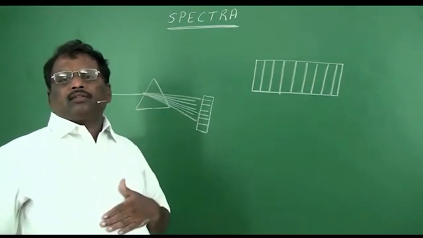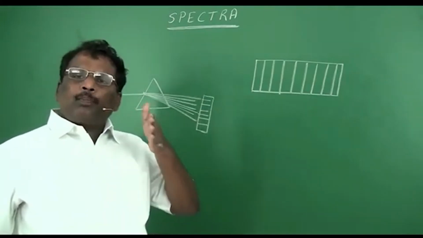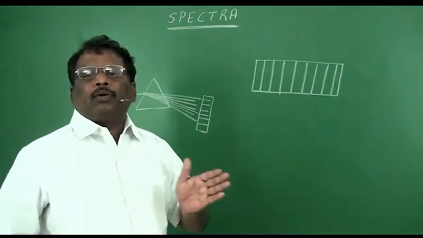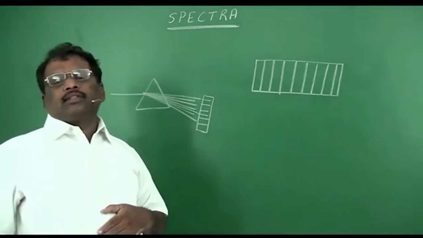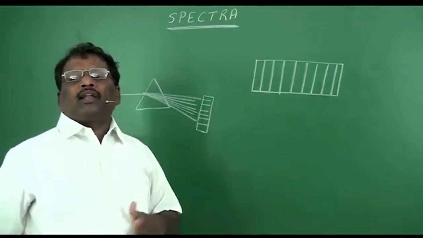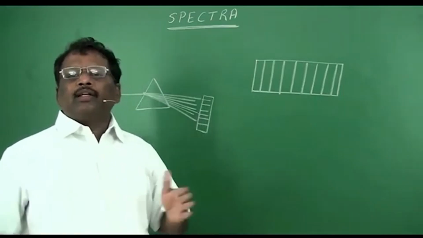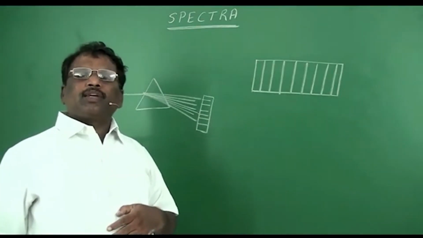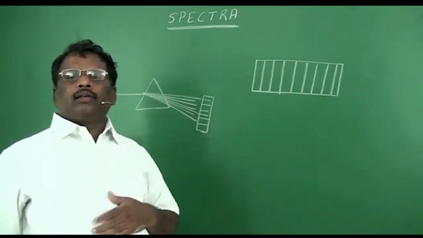This white light, when we allow to pass through a prism, is split up into different colors. The splitting of white light into different colors according to their wavelengths is said to be dispersion of light.